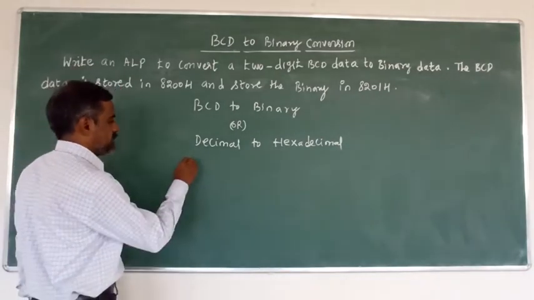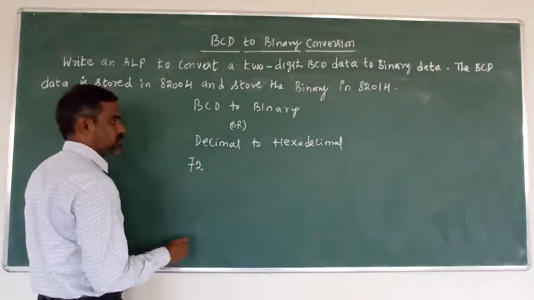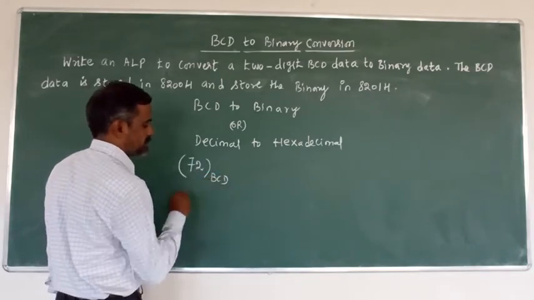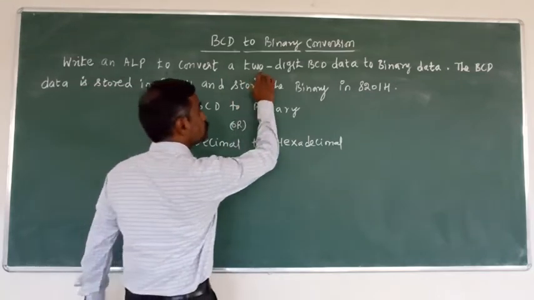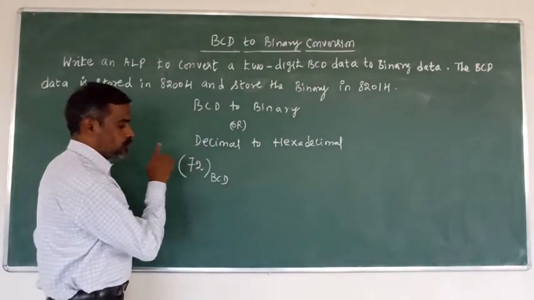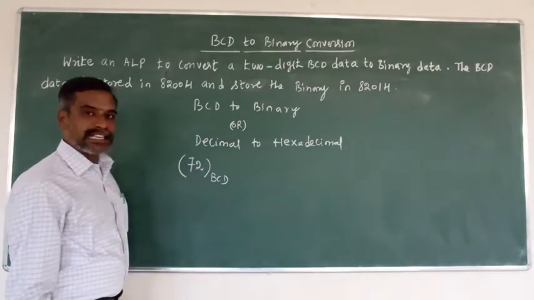The given data is 72. This is a 2-digit BCD: 7 is a single digit and 2 is a single digit.